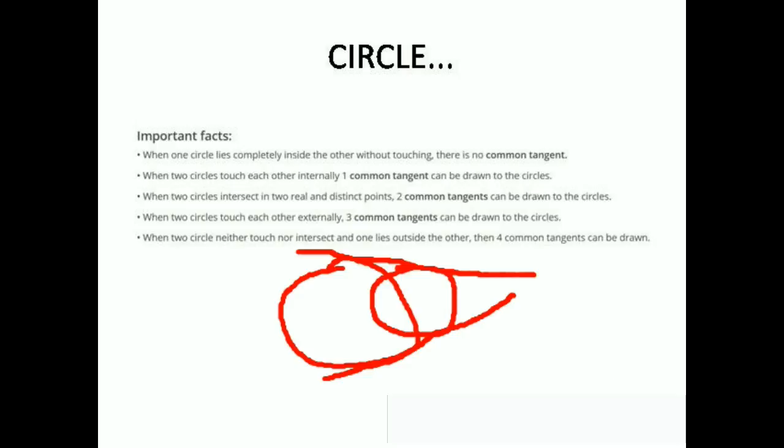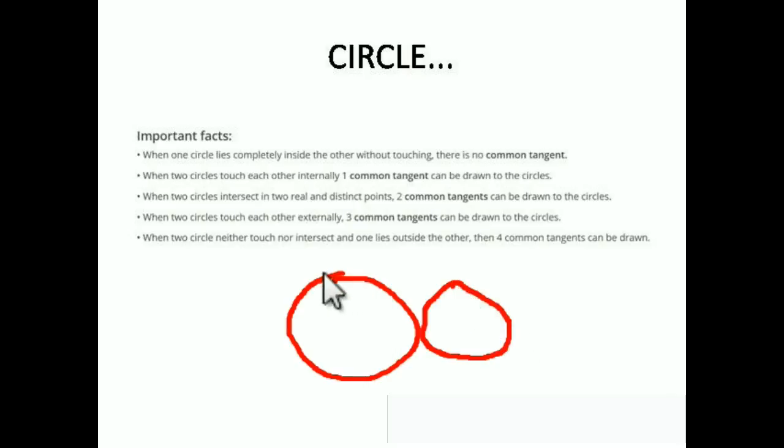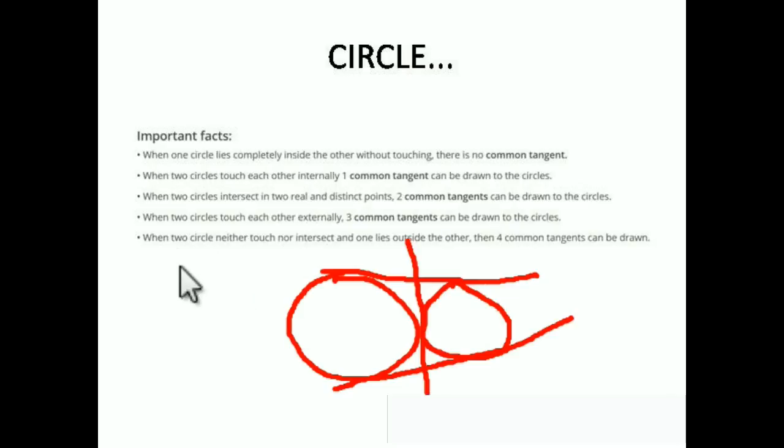This is also a good thing. Externally touching, like this. This is the first common tangent, then this is the second common tangent, and this is the third one. When two circles neither touch nor intersect and one lies outside the other, then four common tangents can be drawn.